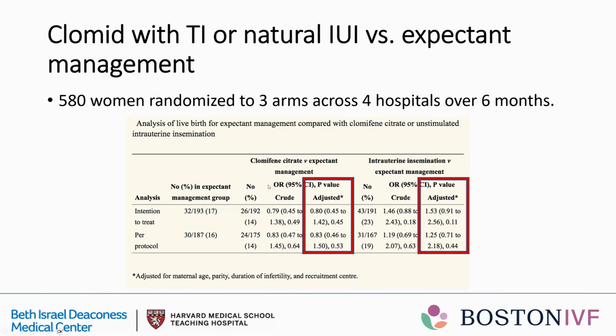They found no difference in the Clomid-only group versus expectant management, and no difference in the IUI-only group versus expectant management. So in your patients with unexplained infertility, using just Clomid is no better than not using it at all, and doing just an intrauterine insemination is no better than not doing anything at all.